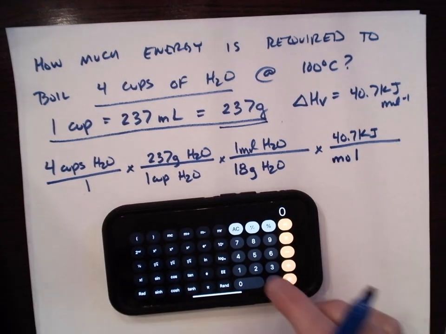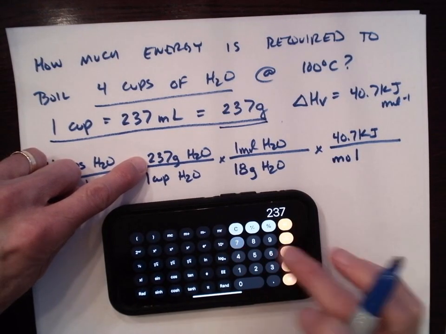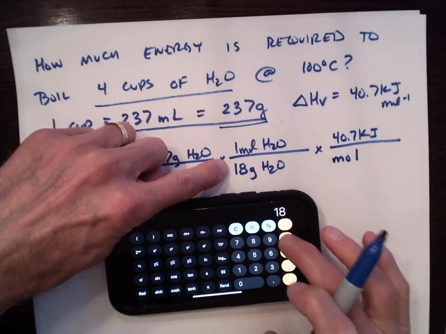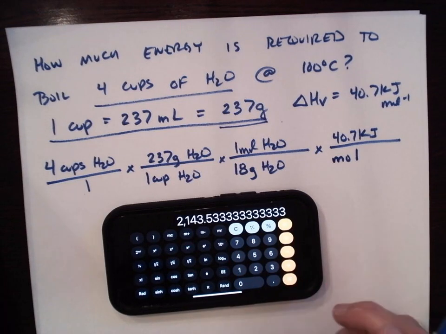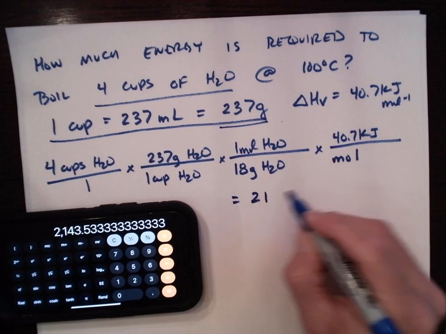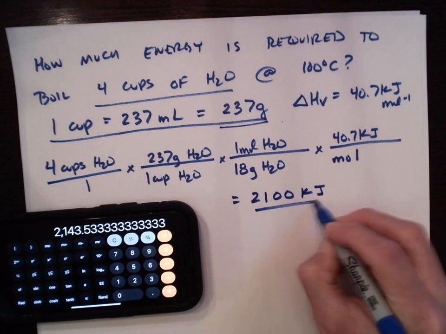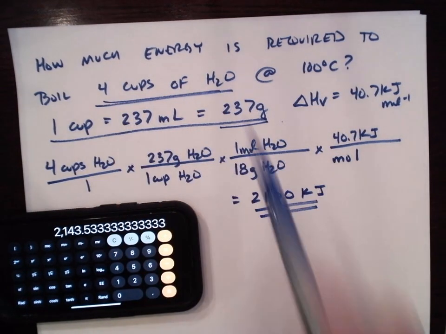Doing the math, 4 times 237, we're going to divide that by 18, and we're going to multiply that by 40.7. It looks like it's going to be roughly 2,100 kilojoules of energy that are going to need to be pumped into the water to get it to boil.